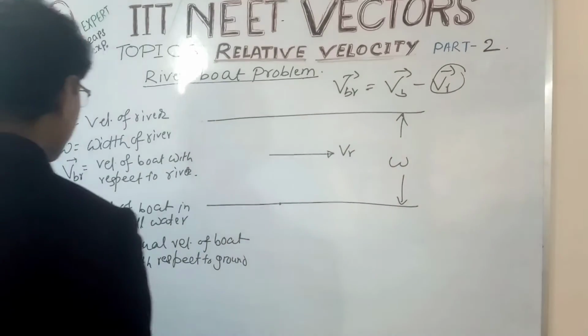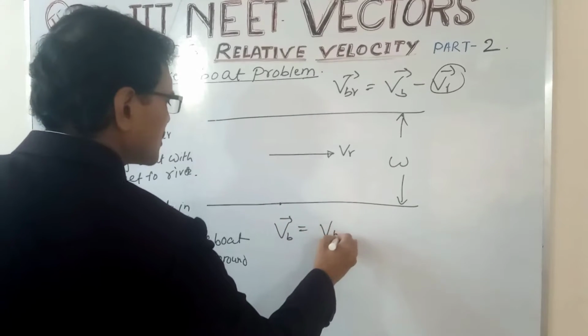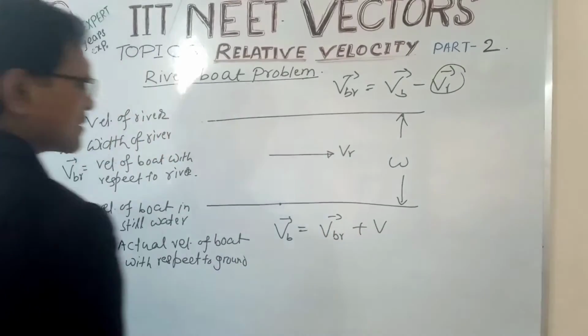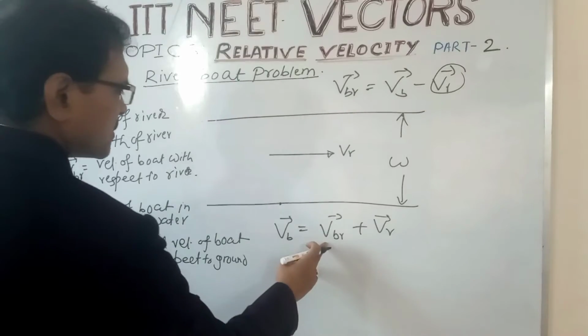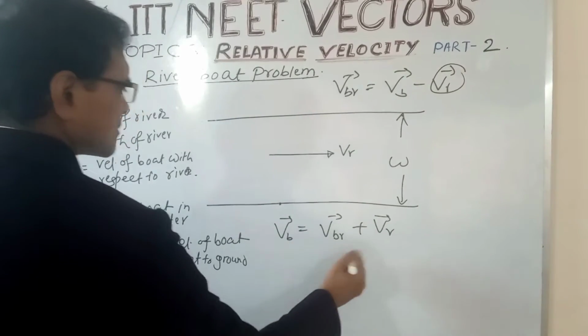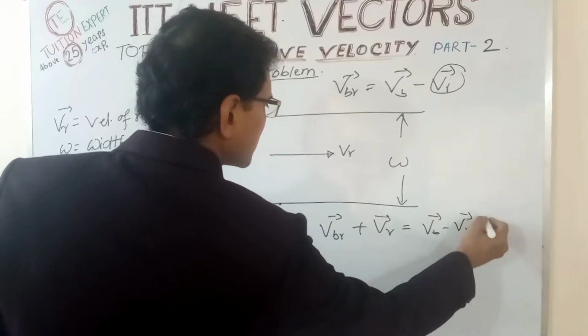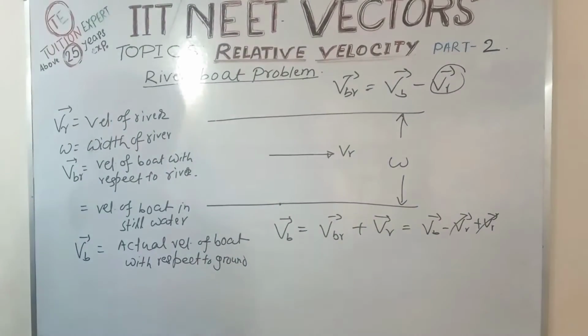Now we can write VB equal to VBR plus VR, because VB minus VR plus VR gives VB.